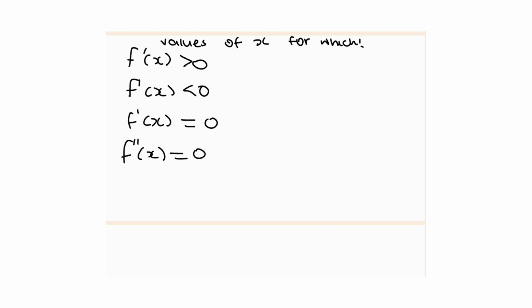F prime x being greater than 0 means whenever you draw the slope anywhere on the graph, we want where the slope is increasing. F prime x greater than 0 means where on the graph can you draw a slope and the slope increases.